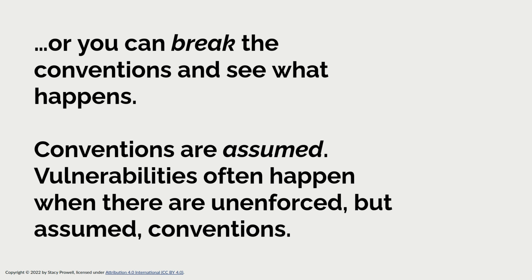Well, what if I copy, since I know what your base pointer was because you called my function, you told me where your local variables were, I can go and move the base pointer to point somewhere else, and in fact, I can then find the return address for your return address when you want to return, and I can point that somewhere else, and I can control where you go when you return, or I can point to a new set of variables, or I can do any number of other perverse things. No one would ever do such a thing. That would be mean. Okay? Vulnerabilities often happen when there are unenforced but assumed conventions.